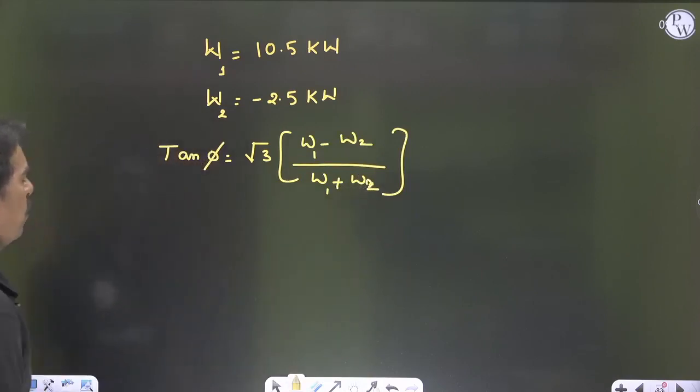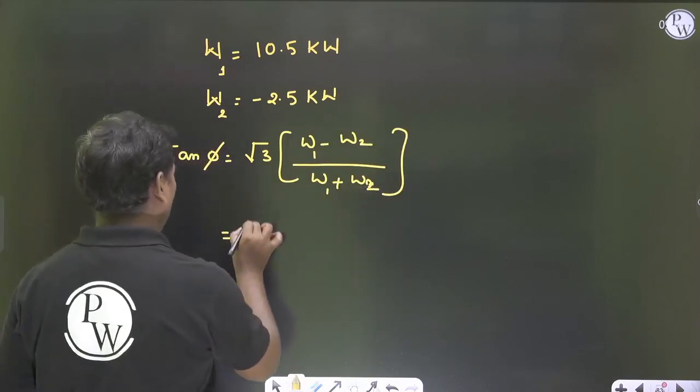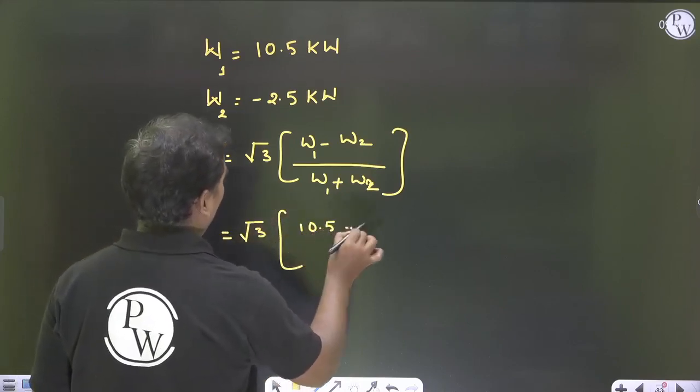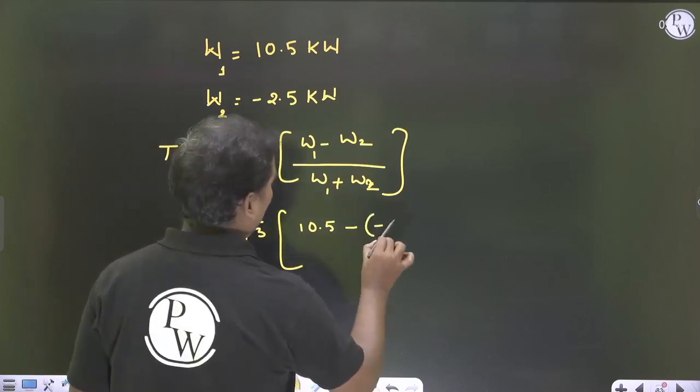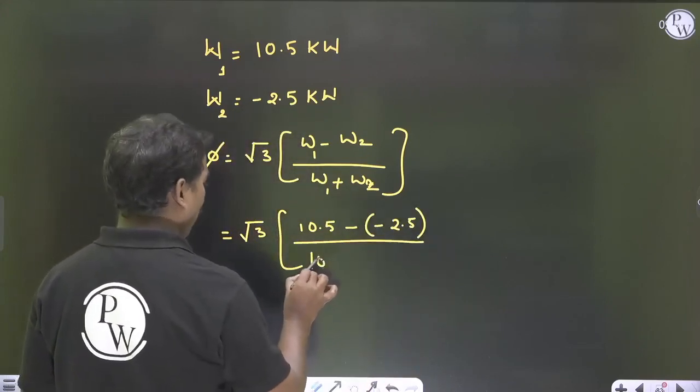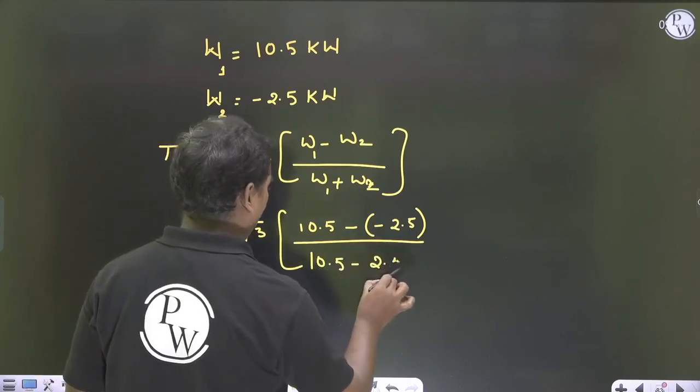Okay, so now we can substitute here. This is the root 3. W1 is 10.5 kilowatt minus W2, which is minus 2.5, so that will become 10.5 plus 2.5, divided by 10.5 minus 2.5.